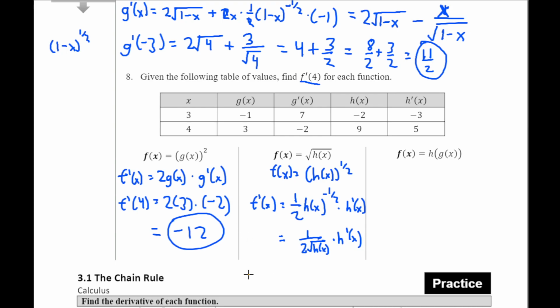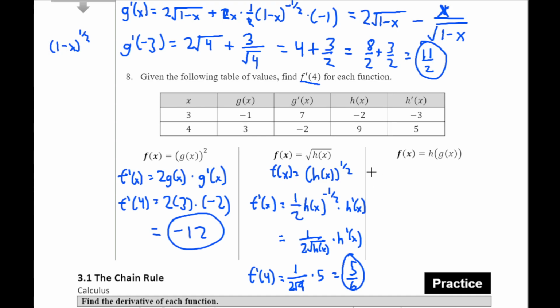So now, f prime of 4, just plug all these in. That's 1 over 2 times the square root of h of 4, which is 9, multiplied by h prime of 4, which is 5. That's 1 over 6, because square root of 9 is 3 times 2, that's 6, so 1 over 6 times 5. F prime of 4 is just 5 over 6 in this problem right here.